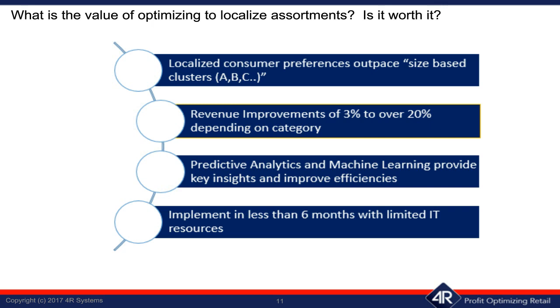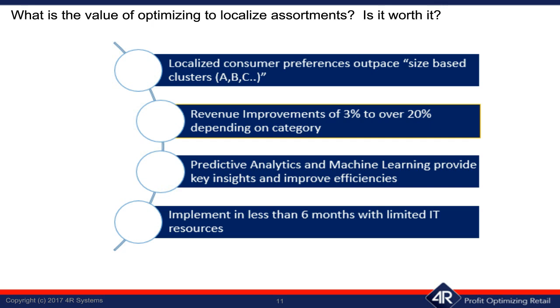The second part of that, which is revenue improvement, which is the performance, is that as you measure the difference between size-based or traditional, let's just say, category management techniques, this way of looking at things from attribute-based provides revenue improvements of anywhere from 3 to over 20%. Of course, it depends on the category that you're dealing with and how variant the existing assortments are versus what the new ones are.